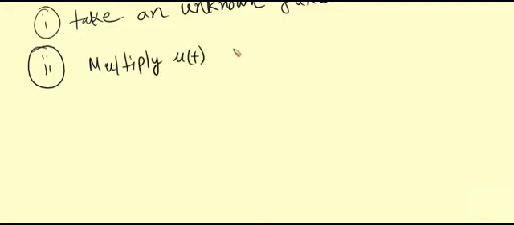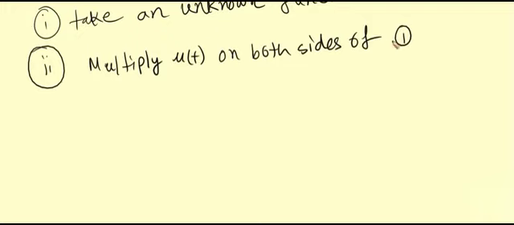So now the second step is multiply mu of t on both sides of equation 1.